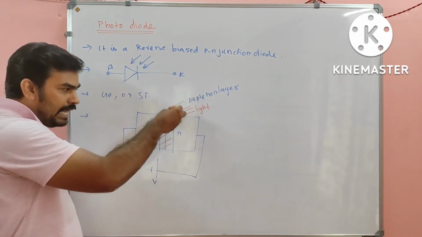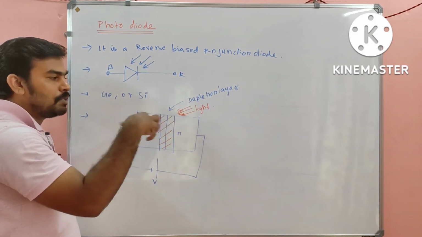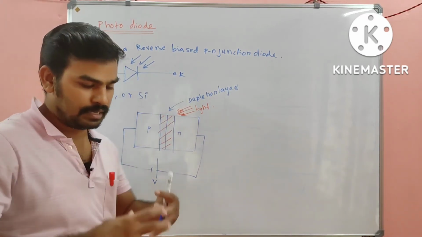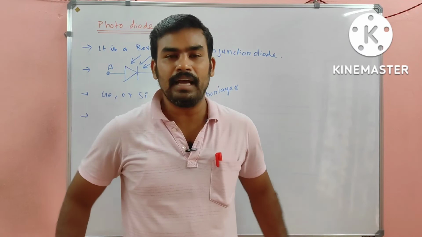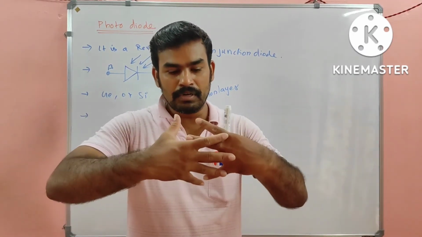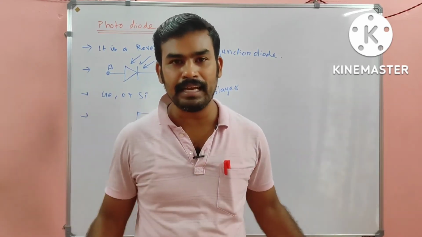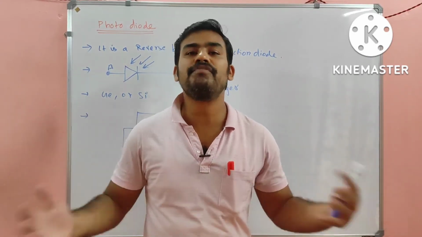So when the light hits the depletion region, the electrons and holes will break their bonds, and they will be free to move now.